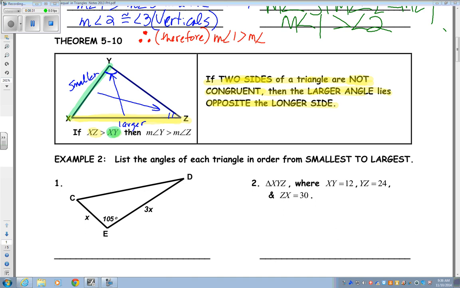Because it's opposite the larger side. Does that make sense? You have to look opposite. So you might want to put a little side note to look opposite or across to find your angle.